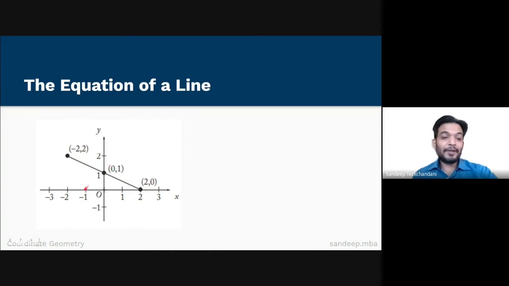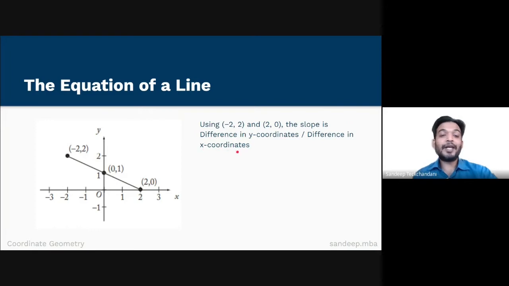For example, using -2, 2 and 2, 0, the slope is the difference in the y-coordinates over the difference in x-coordinates. Hence, the slope of the line is -2/4 or -1/2.